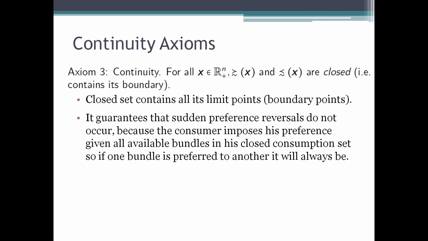So maybe if for whatever reason he saw another bundle on the boundary, he would change his preference, he would change his decision. So just to make sure that this preference will remain, we assume that the set is closed. So we have continuity in the preference.